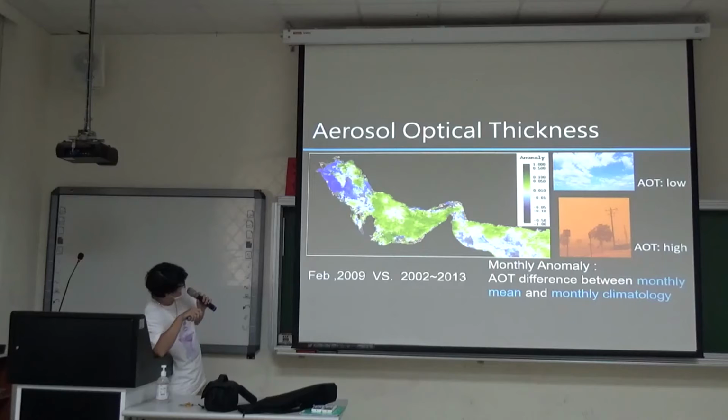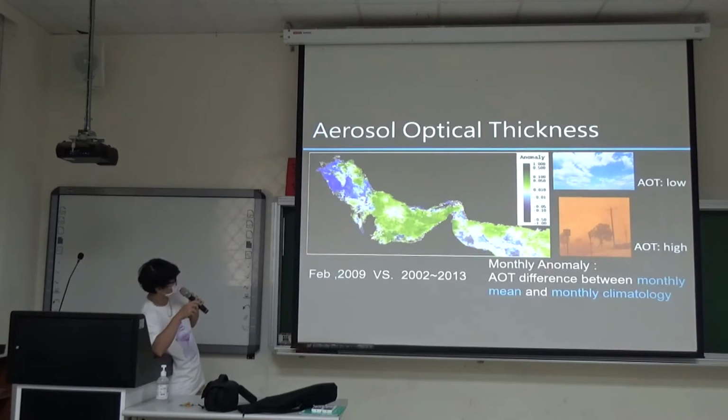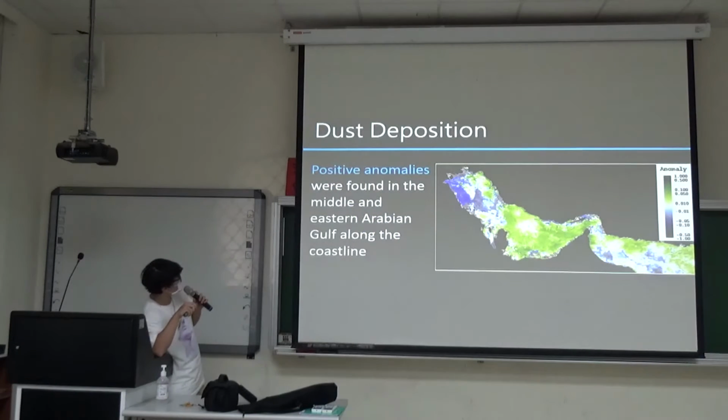And the green part means there is a positive difference between these two times. And positive anomalies were found in the middle here, and the eastern Arabian Gulf along the coastline here.